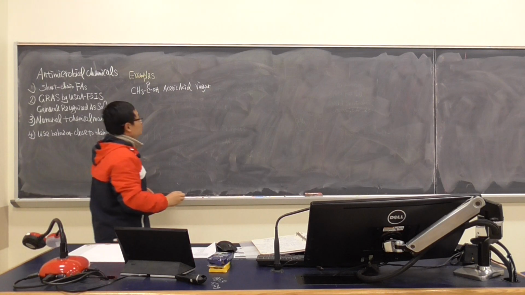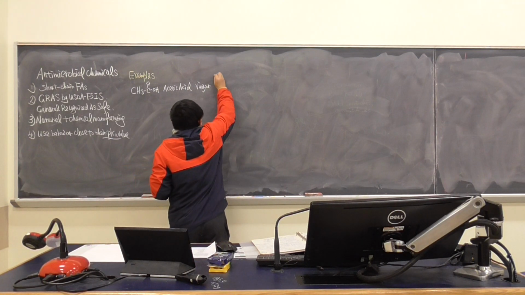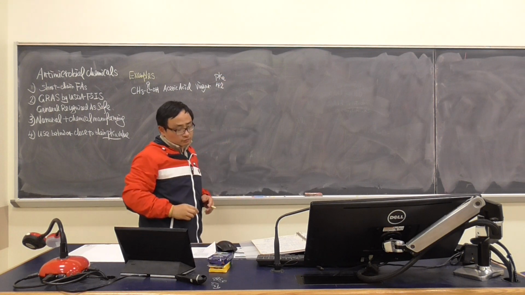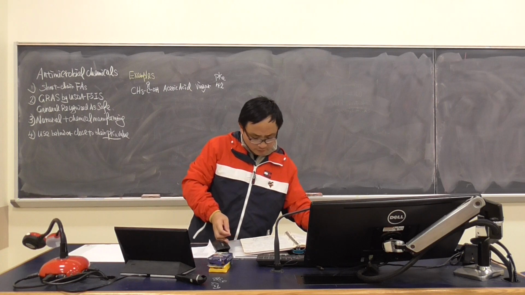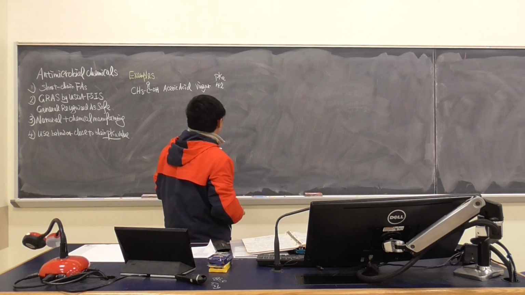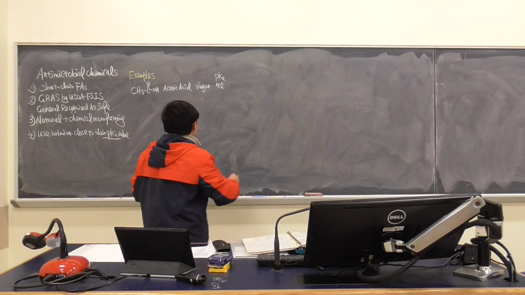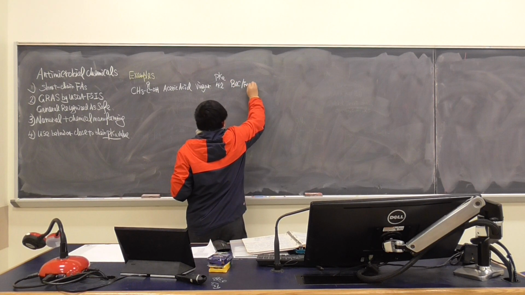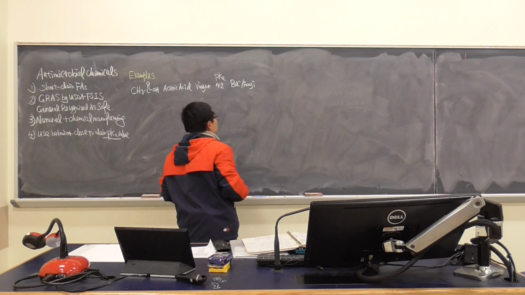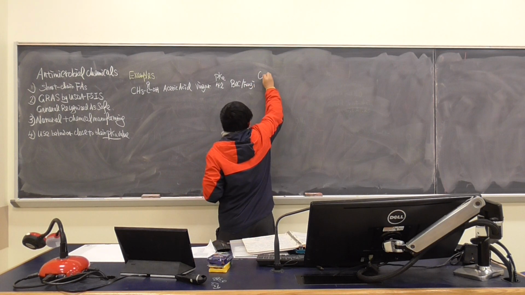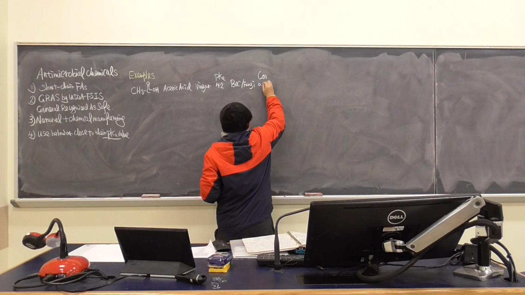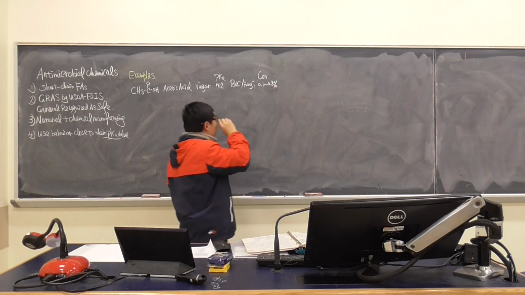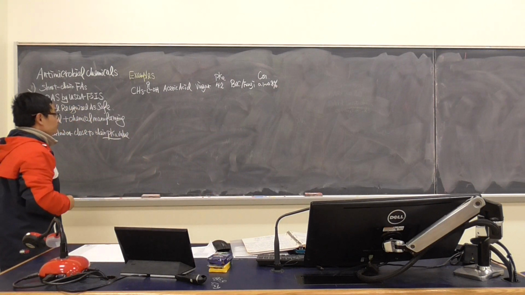So what is the pK value of this guy? The pK value is 4.2. I just want to make sure it's correct. And it works very well for bacteria and fungi. Now, what is the concentration they can be used? 0.1 to 0.8% around. That's the first one.